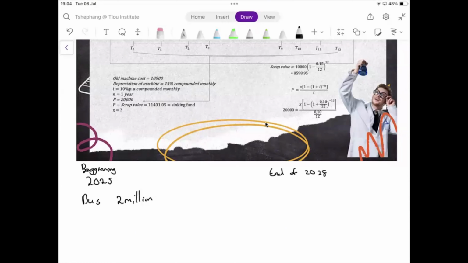So now the very same bus that we bought for 2 million has depreciated in value. It now costs how much? It now costs 400,000 rands.